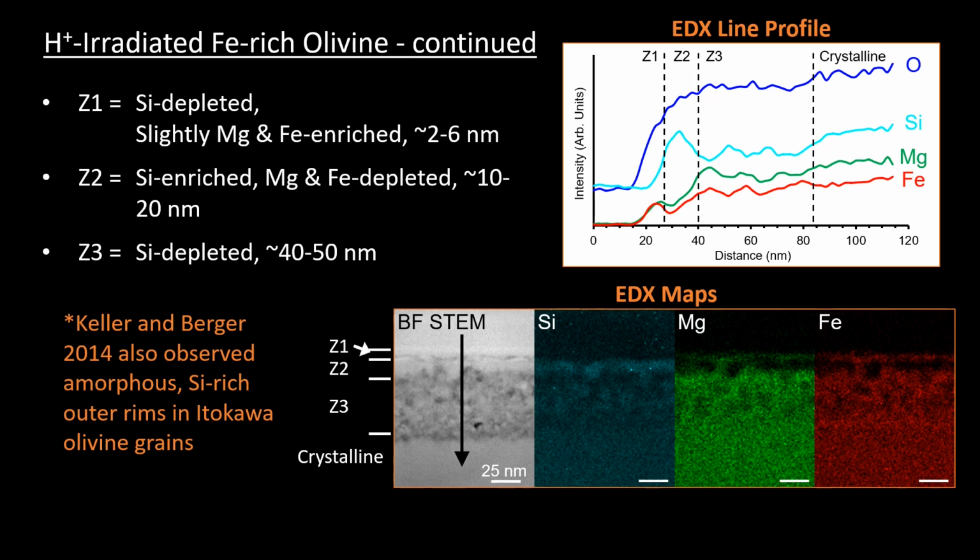Keller and Berger 2014 also observed a similar silica enrichment and magnesium and iron depletion in the outermost 5 to 10 nanometers of Itokawa olivine grains. However, unlike Keller and Berger 2014, our grain's silica-rich layer is overlain by a thin, mottled, silica-depleted and iron and magnesium-enriched region.